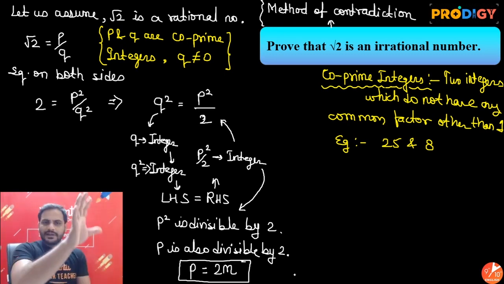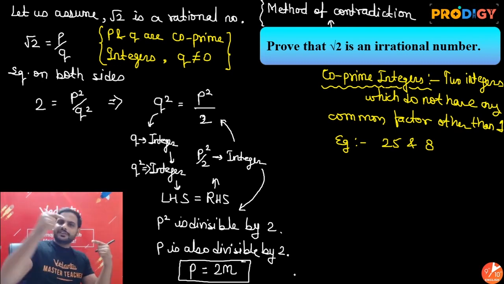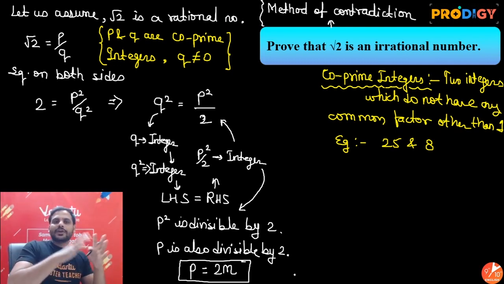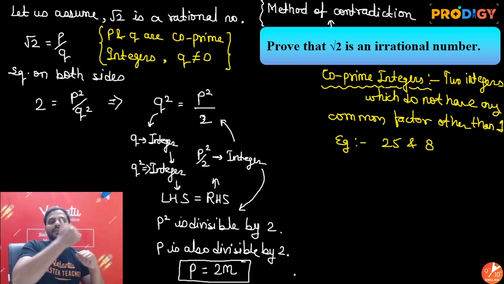Simple, beta. Understand the logic? Root 2 is equal to p by q. I have taken p and q as co-prime integers. Then I have done square on both the sides, so I got 2 is equal to p square by q square. Once I have got this, I can say q square is equal to p square by 2, shifted the position. Now I know q is an integer, so q square is also an integer. That means the LHS of this equation is an integer.